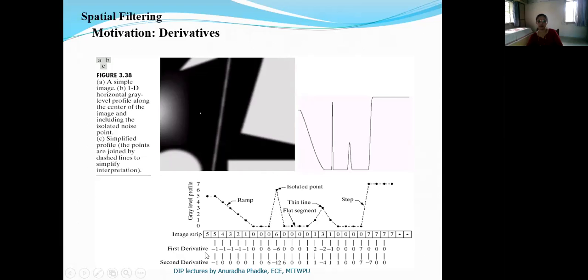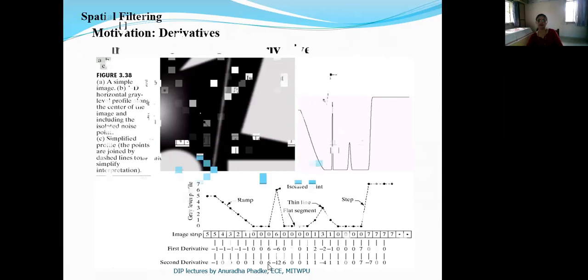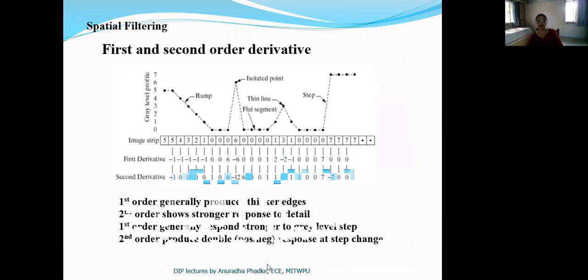And from these first derivative and second derivative values, we have concluded some important points. First order generally produces thicker edges. Similarly, first order is useful to detect step changes. Then second order derivative is useful for detecting isolated points. It is also useful for detecting fine details in an image like thin lines, because it gives greater response for fine details than the first derivative.